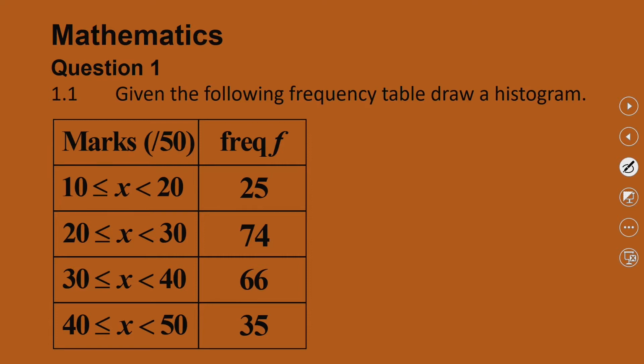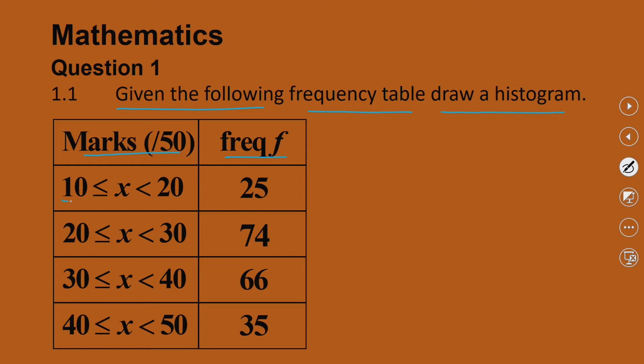When you look at question 1, it says, given the following frequency table, draw a histogram. Then the marks have been given, which is out of 50. The frequency is also given, and I want you to pay attention to the range.